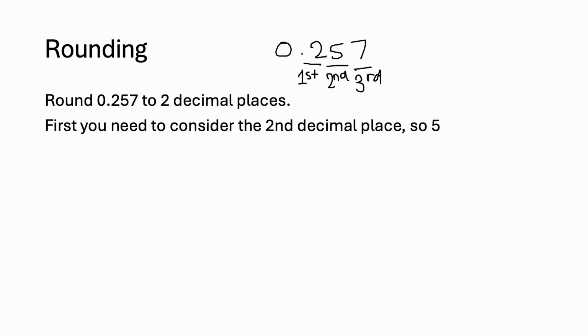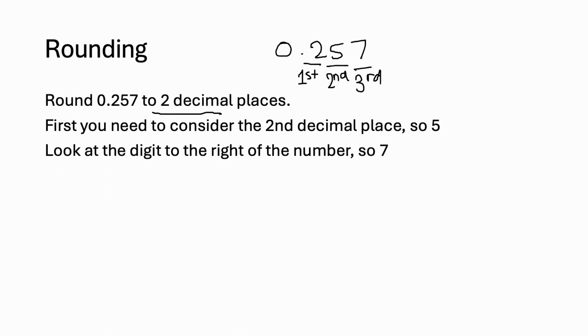But because the question is asking us to round to 2 decimal places, we are only concerned with the second decimal place, which is 5. Next thing we do is we look at the digit to the right of the number. So we look at this 7, which is to the right of 5.